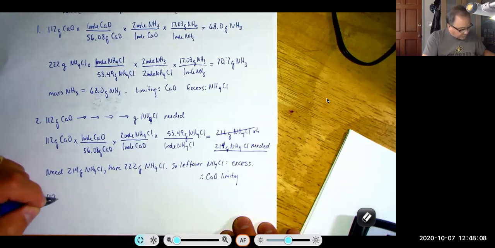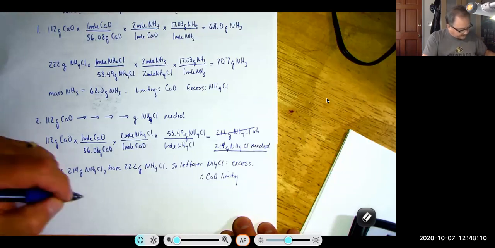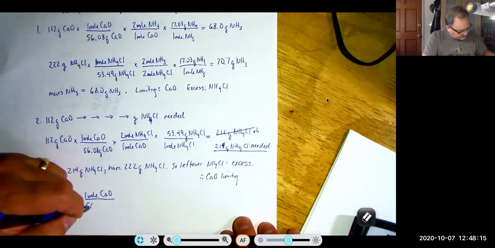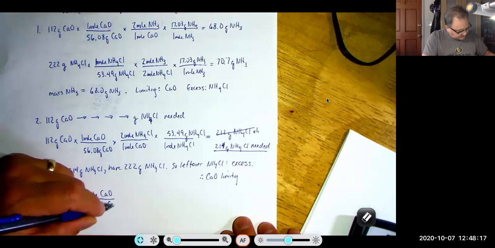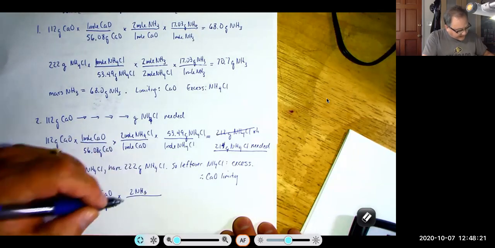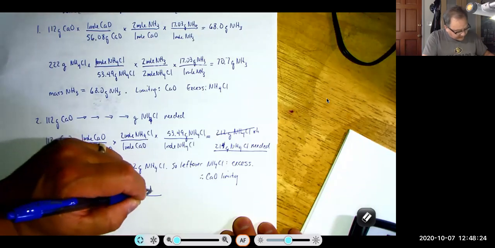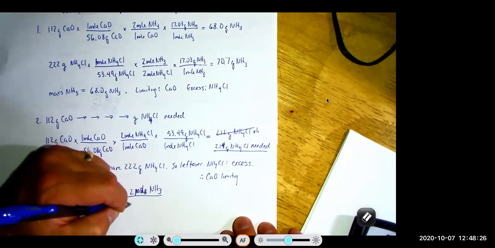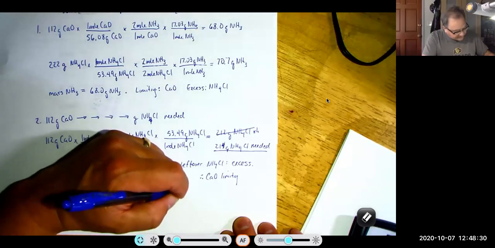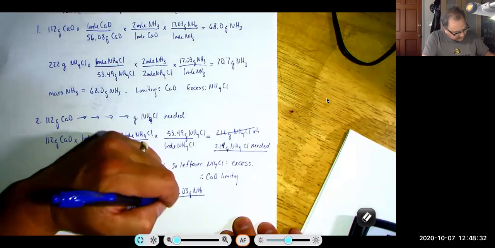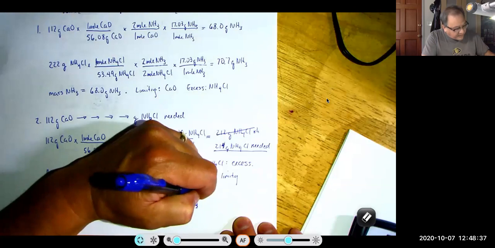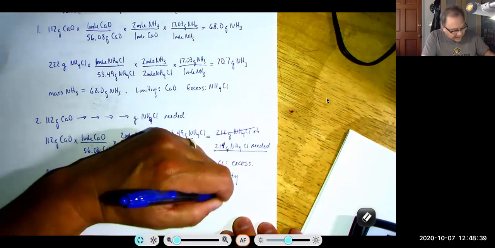Because the limiting is going to determine how much you make. Now, we've seen this before because we did it above, but we're pretending that we did not do it above. If this looks familiar, it's because we've seen it before. And we get 68.0 grams.